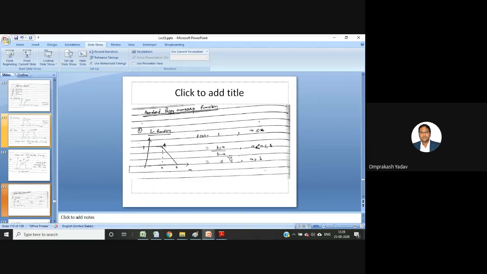Then when the value of x is between A and B, what will be the equation? For this kind of equation, I have already taught you that you first identify whether it is a decreasing or increasing line, and then you can directly write the equation.